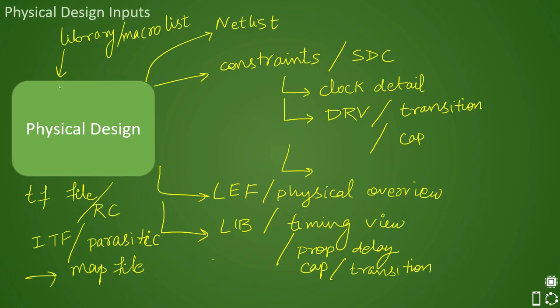And there will be something called the DEF, design exchange format file, that will contain the overall physical partition, how it will look like, and what are the ports that are present in the design. All that physical information of every detail of the design is present in the DEF. This is just a broad overview of what inputs are being used by the physical design team.